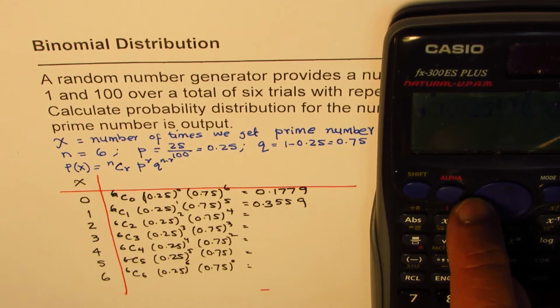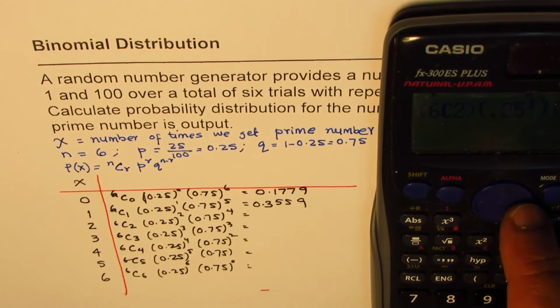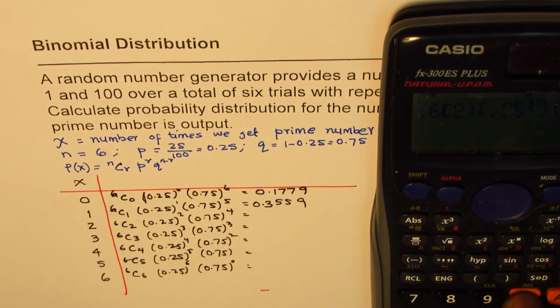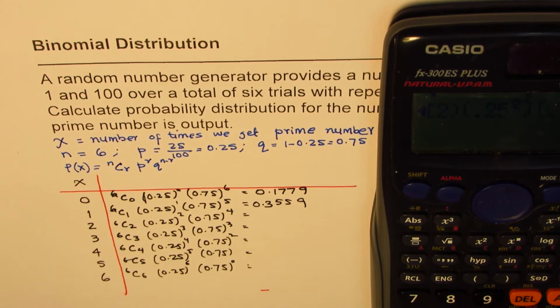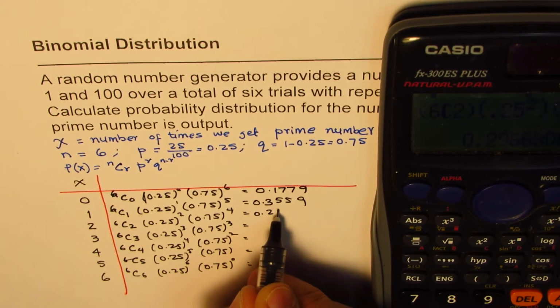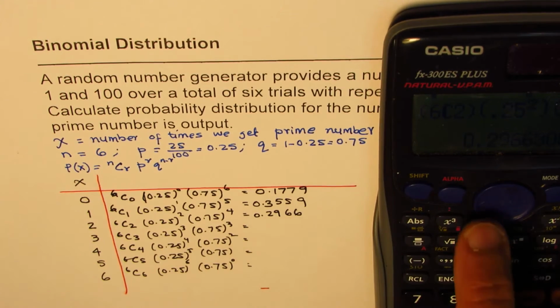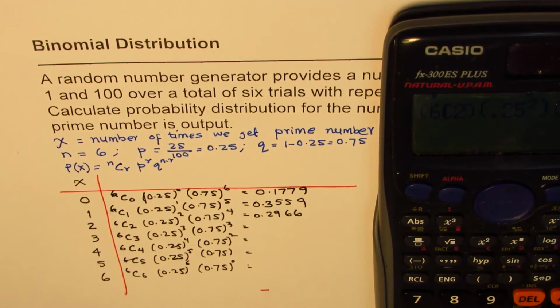Then we'll do 6C2, 0.25 to the power of 2, 0.75 to the power of 4, equals, in decimals, 0.2966. Let's redo the calculations with 6C3.